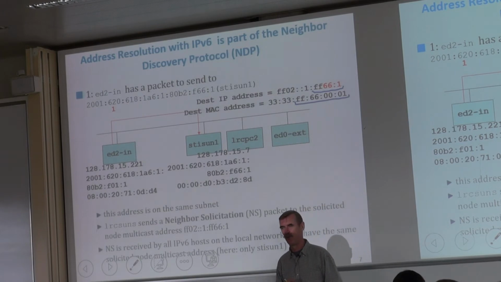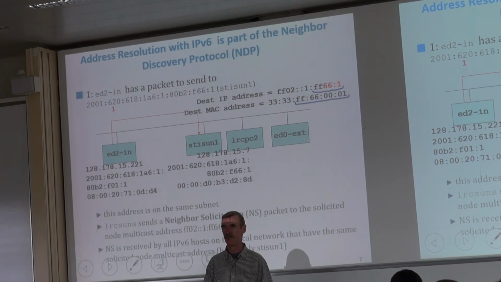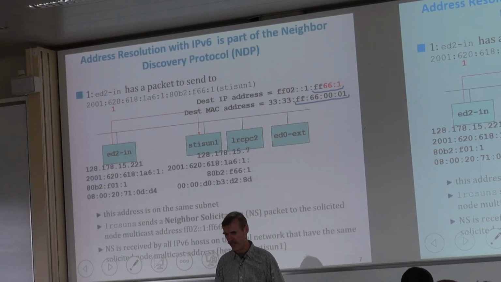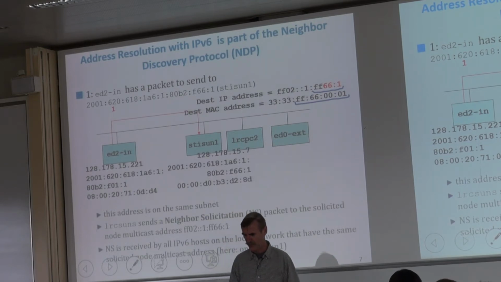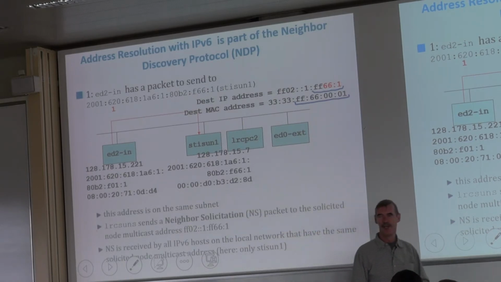Broadcasts are, of course, a bit uncontrolled, so the designers of IPv6 decided whenever we can, we will try to get rid of the broadcast. So here, it's replaced by something called a multicast. So what is a multicast? A multicast is like a broadcast, except it's not for anyone, it's only for those who are members of a given group.